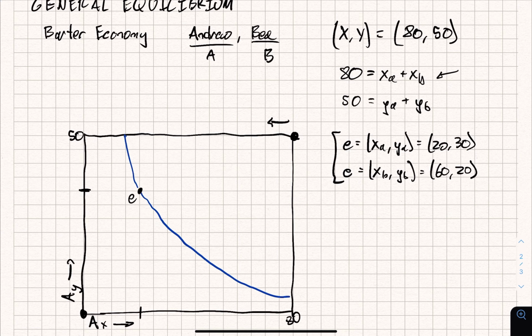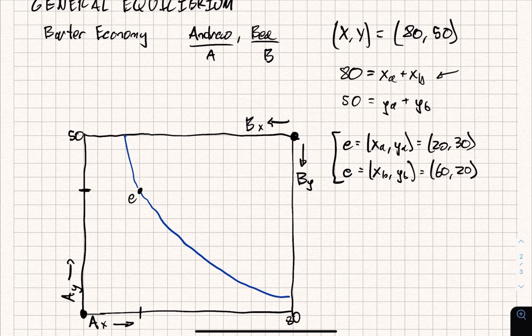As we move left on this graph, we're increasing Bea's allocation of X. And as we move down, we're increasing Bea's allocation of Y. Okay, so this is the setup.